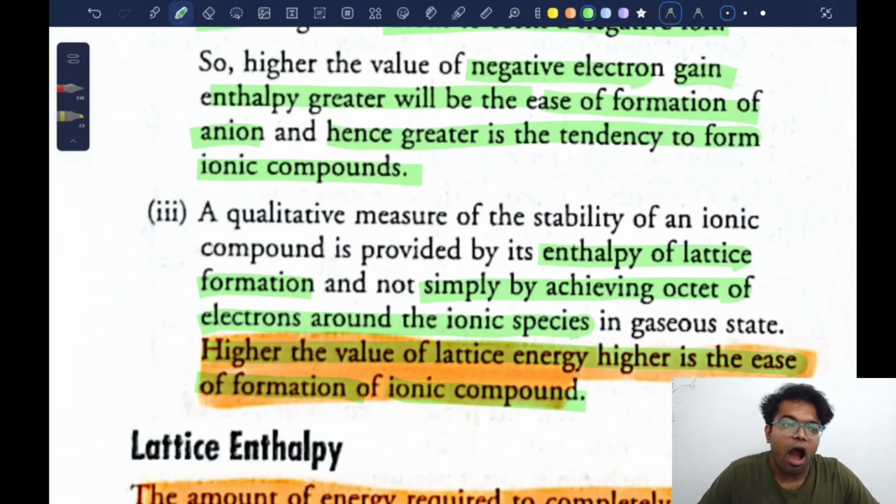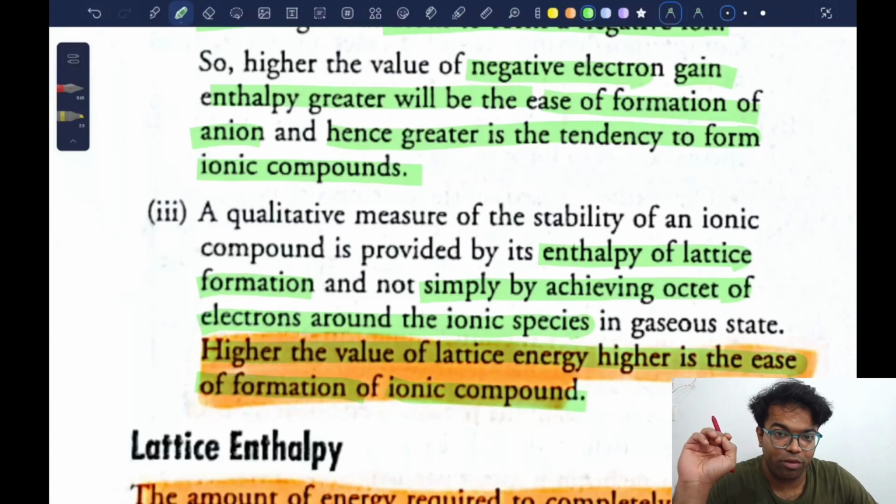How much energy is required to break this lattice, to break the ionic compound into its individual ions, is called the lattice enthalpy.